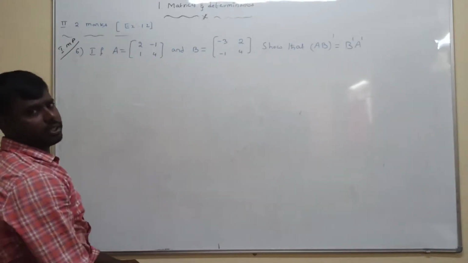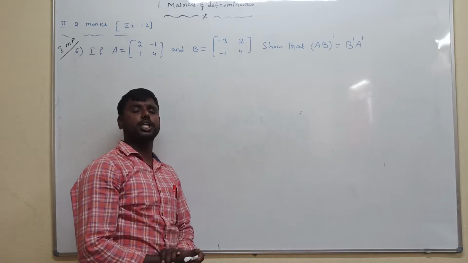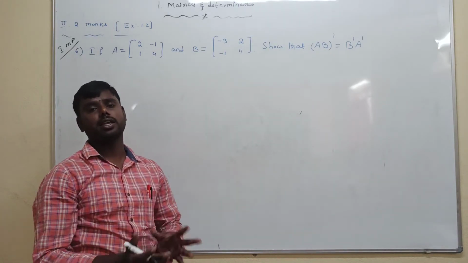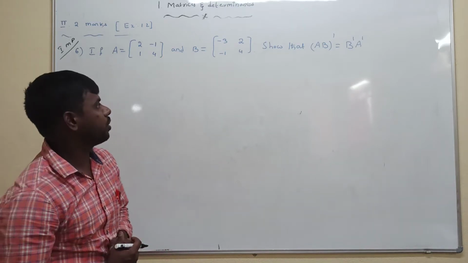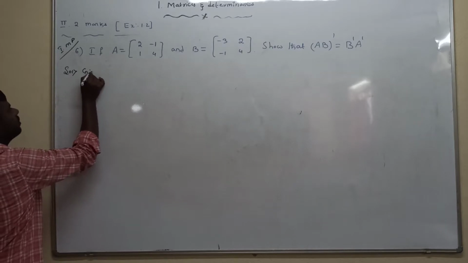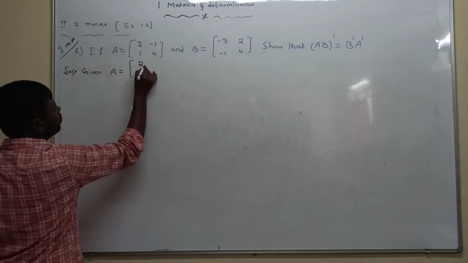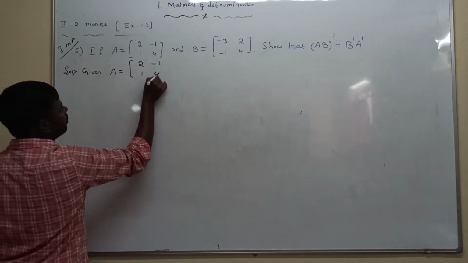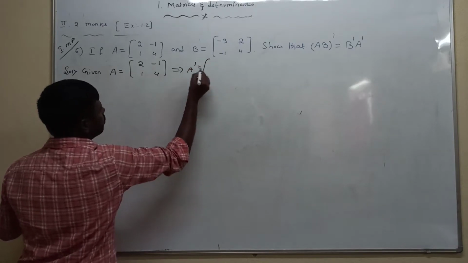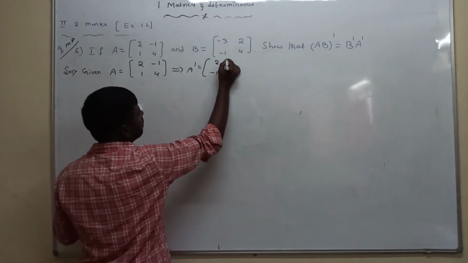So to prove that (AB) whole transpose is equal to transpose of B into transpose of A, we have to verify both are equal or not. So now we are going to the solution. Given capital A is equal to [[2, -1],[1, 4]]. So the transpose of A is, first row replaced with first column, second row replaced with second column.